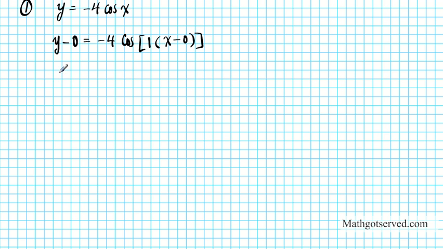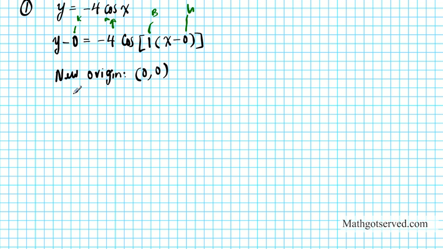Let's start by finding out the new origin. The new origin is hk. We know that this is h right here, and this is k, this is a, and this is b. So hk is going to be 0, 0, which is the new origin.